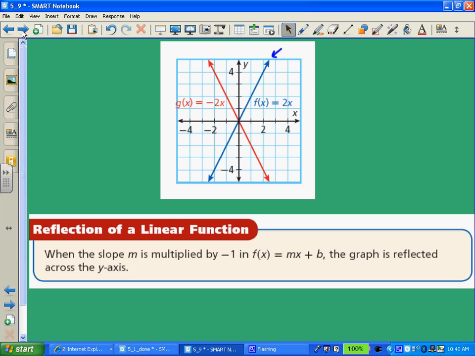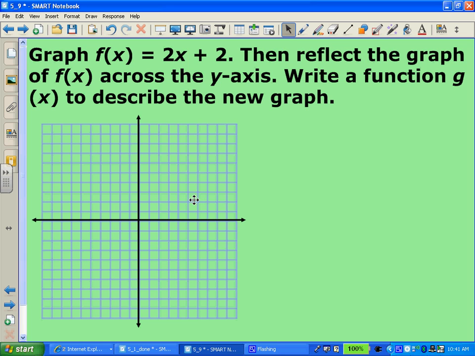So, once again, let's look at an example. Graph f of x equals 2x plus 2, then reflect the graph across the x-axis. So let's get f of x graphed here. I'm going to start at 2.